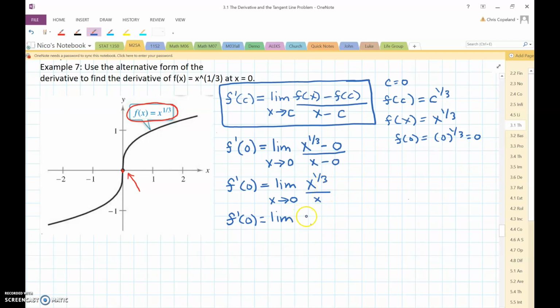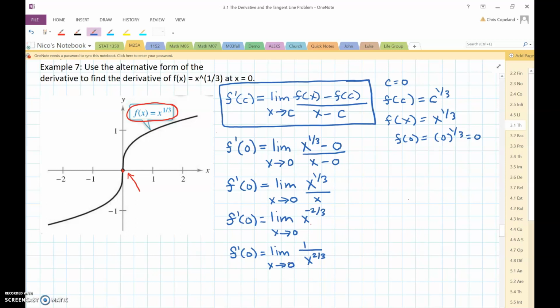So this would be x to the negative 2/3 power, which is the same thing as f prime of 0 equals the limit of 1 over x to the 2/3 power as x goes to 0.